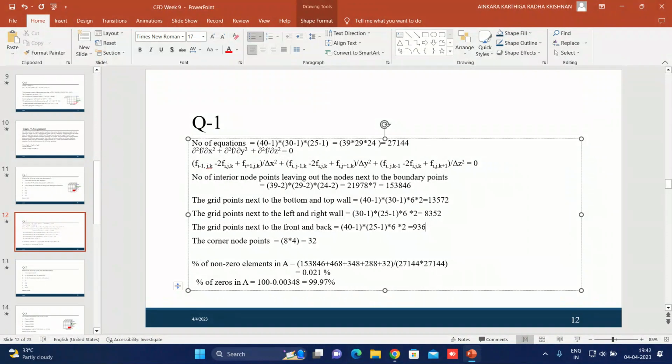We have a 3D grid and we have 1, 2 and 2.